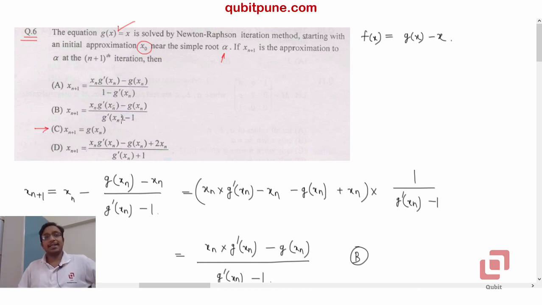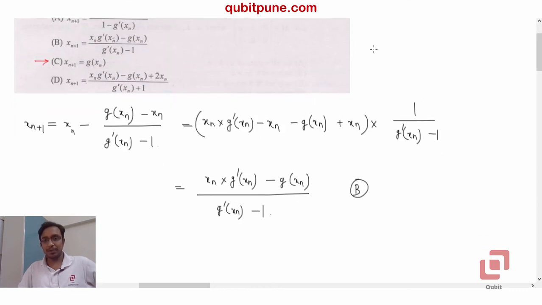But the problem wants us to solve it by the Newton-Raphson method, so we will bring the given equation in the form f of x equal to 0. Let's pick it as g of x minus x, because if g of x becomes equal to x, it is as good as saying the difference between them becomes equal to 0. Now we go back to the formula for the iteration in the Newton-Raphson method.